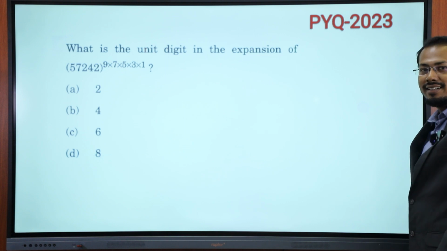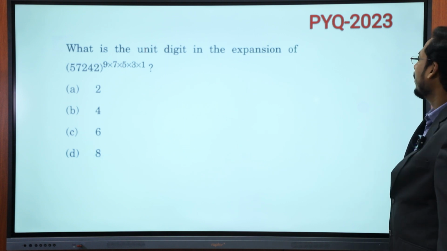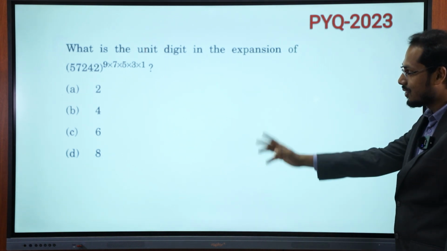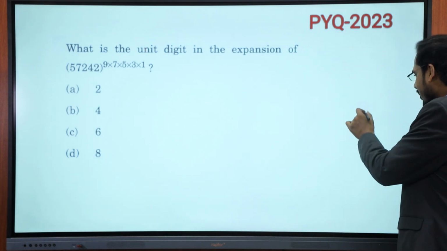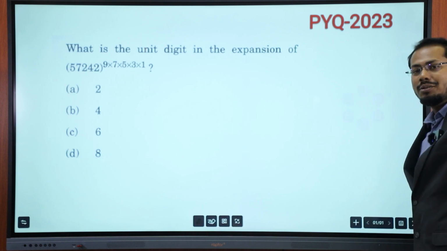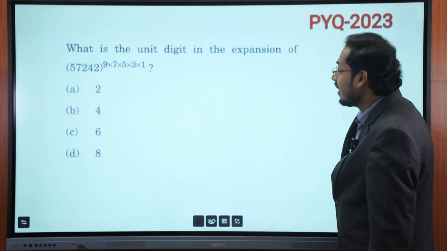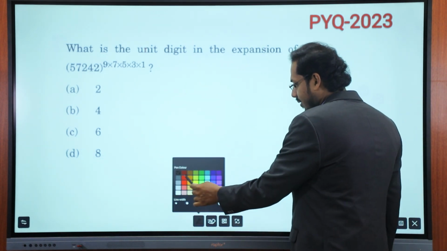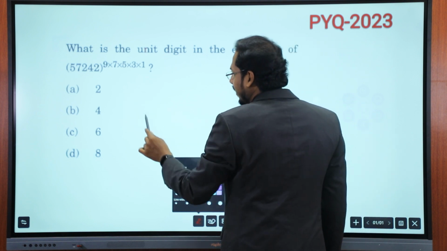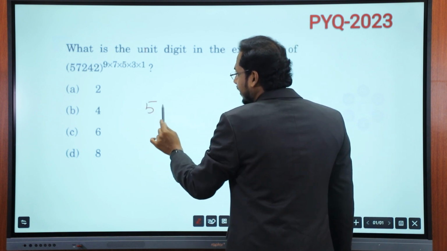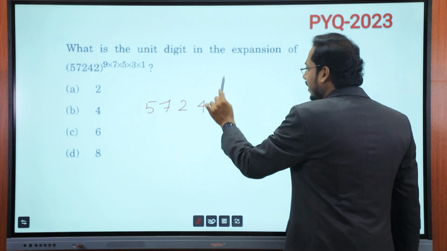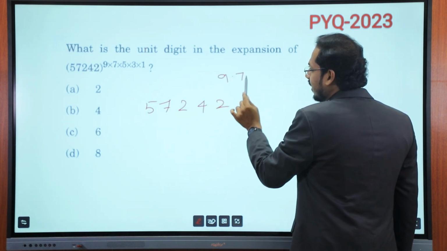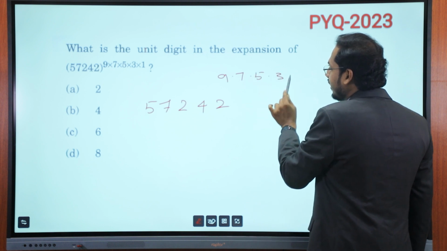And last question, this is PYQ 2023, they asked this question. So, what is the unit digit in the expansion of this? This is quite interesting and an easy question too. So, we can do this. Very simple, 5, 7, 2, 4, 2 power 9 into 7 into 5 into 3 into 1.